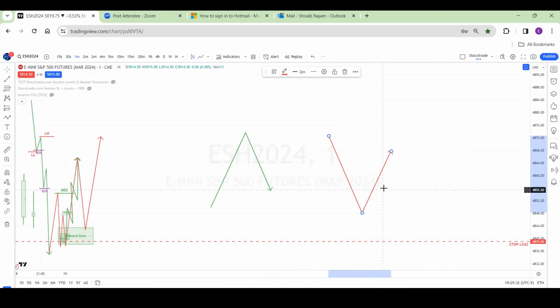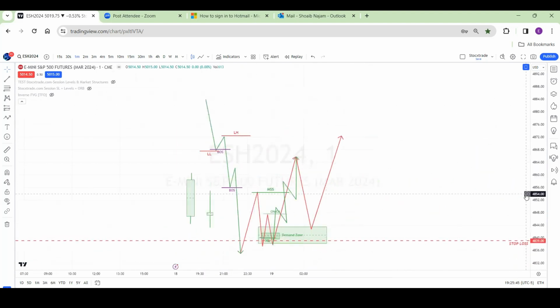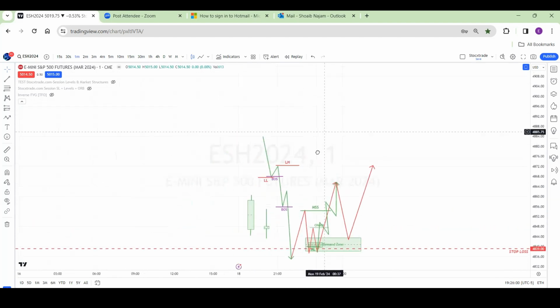So this portion is the swing high, and this low is basically the swing low. Suppose this is the chart: this lower low is the swing low level, then this is a high level. Swing high, then low, then high. So the market always creates some structures and goes in a direction.